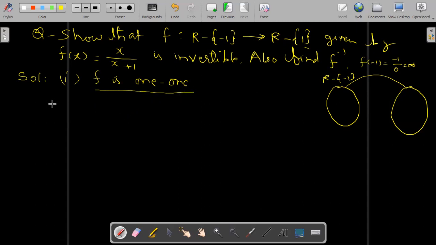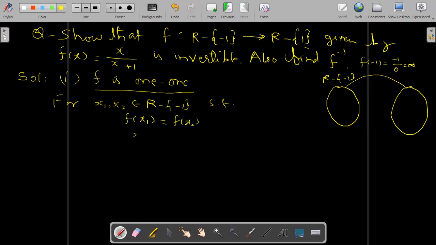For two elements, we can take x1, x2 belonging to the domain of this function such that f(x1) is equal to f(x2).